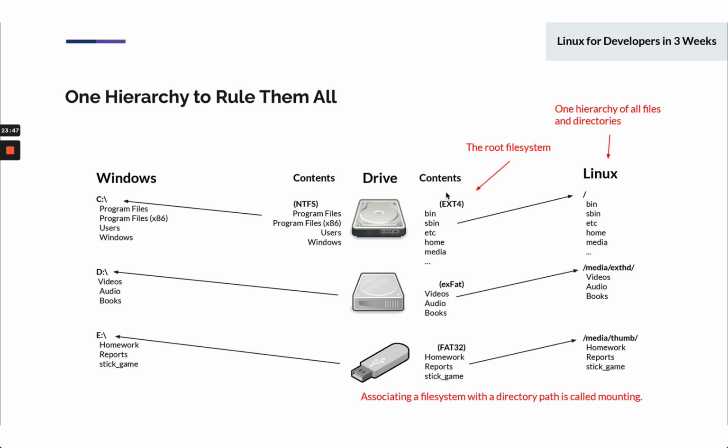On Linux, it's a single hierarchy of files and directories. Everything starts with /. The main drive for the OS on the system will have different contents for the OS. So I have bin, sbin, etc, home, media, and so forth in here. It's not the full listing here, but that'll be on this disk.